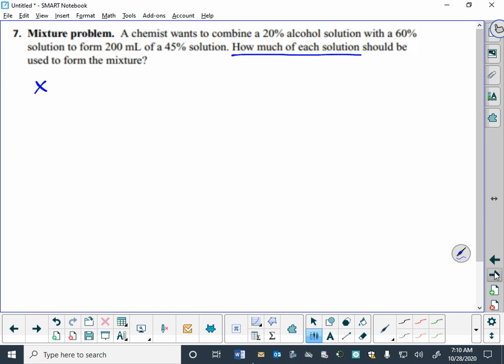We're going to define our variables. And we'll say that X is the milliliters of 20% solution, and Y will be the milliliters of 60% solution.